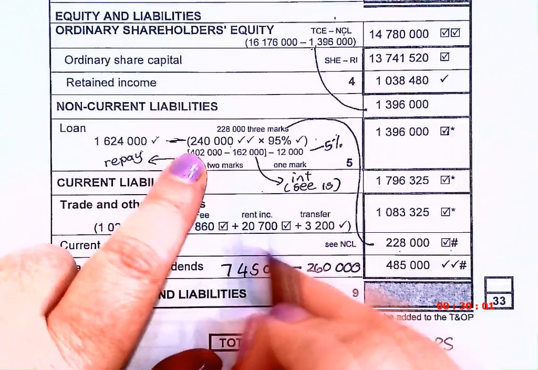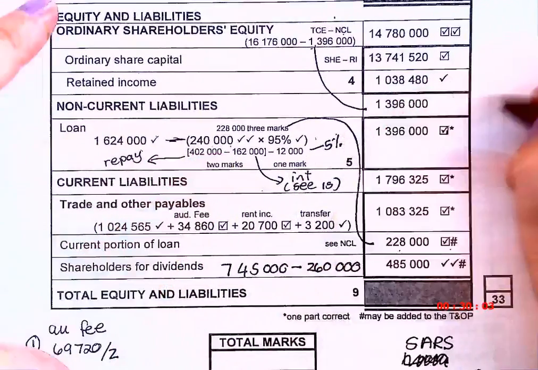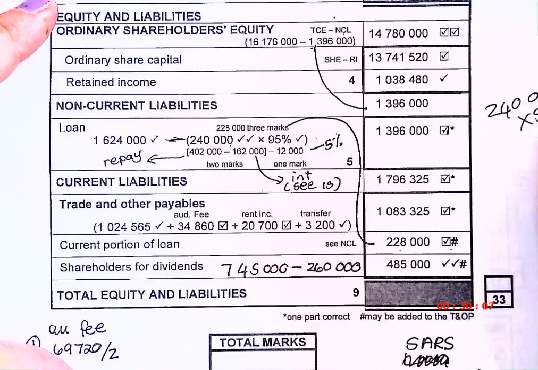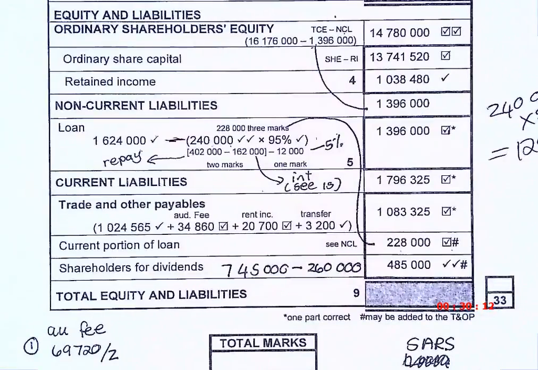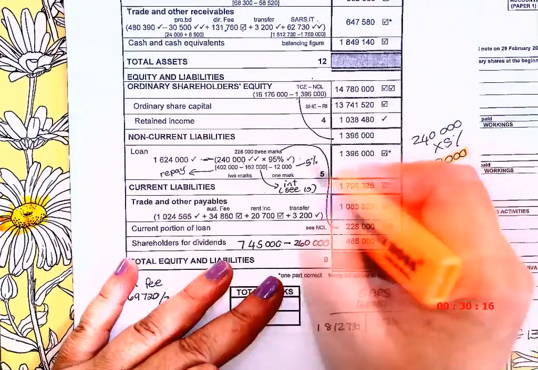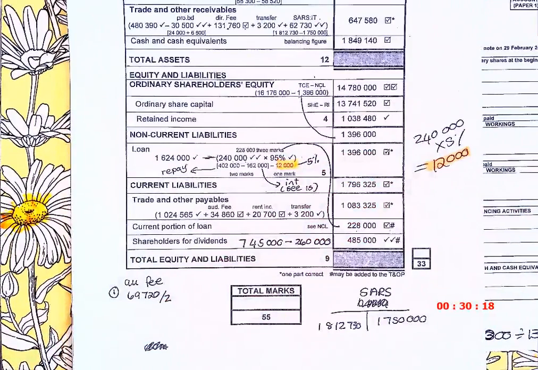In other words, 240,000 times 5%, you're going to get the 12,000. That 12,000. Okay. Everybody happy?